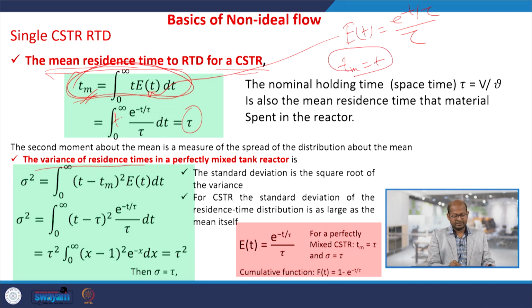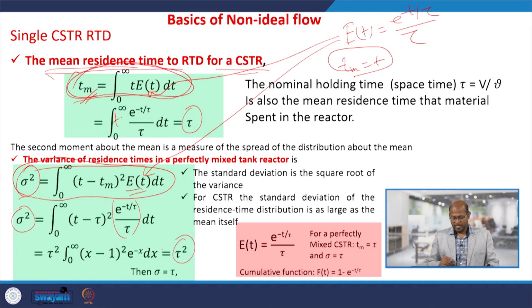Similarly, for the variance of the residence times for a perfectly mixed reactor, sigma square, the definition is this. We substitute E(t) here, and after doing the integration we get sigma square equals tau square.